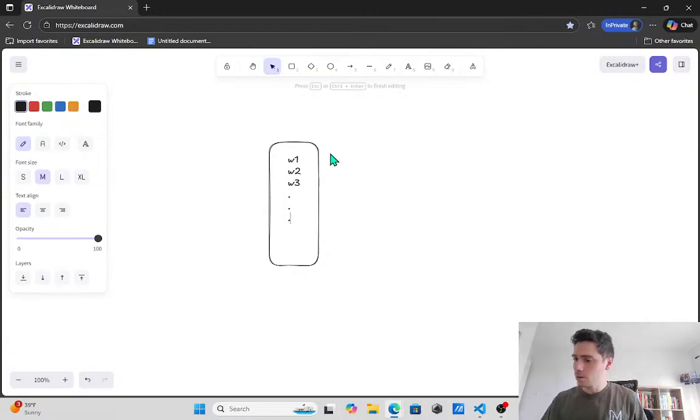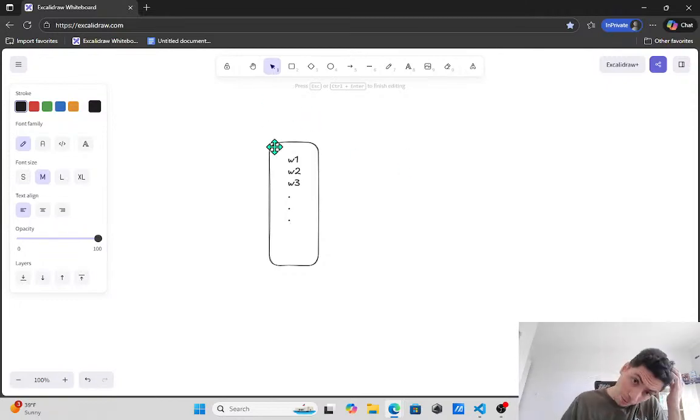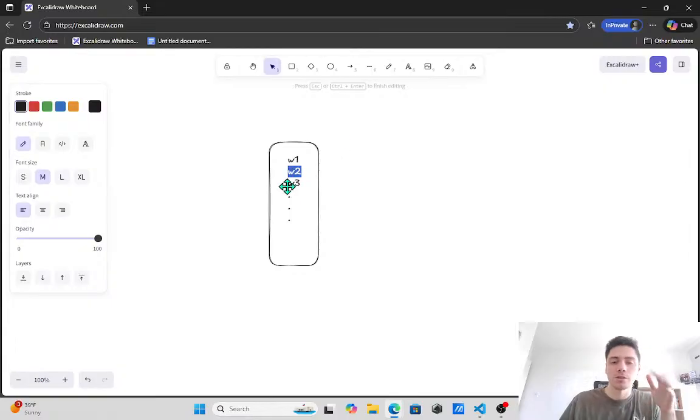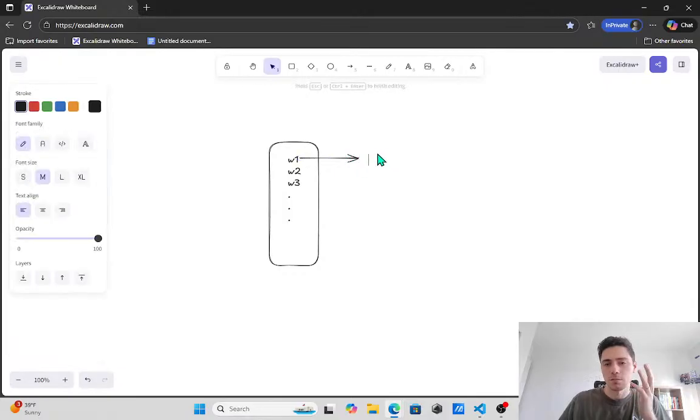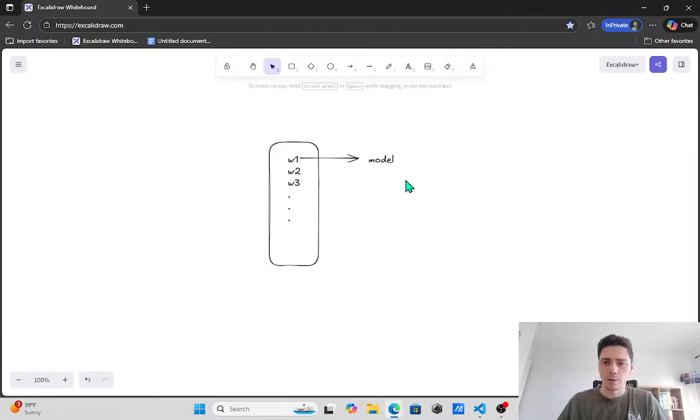Sorry about that. Okay. We're getting to a good place. We're trying to understand the paper by implementing it ourselves. So, W1 is the weights for the first iteration. W2 is the weights for the second iteration, and so on. Each time, these weights are used within a model.